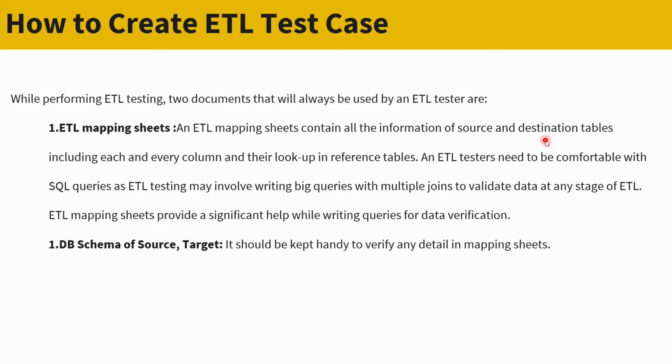For example, it includes each and every column and their lookup in the reference table. So you must know how many columns you have in the source tables and what their data types are. In a similar way, the target system must also have the same number of columns.